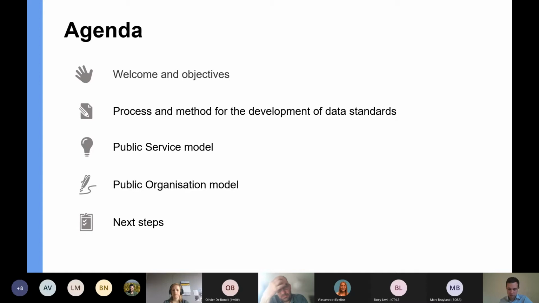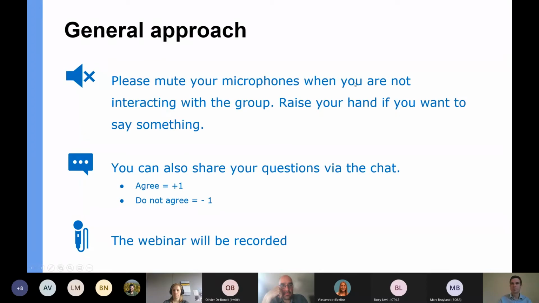The idea is to do that by using some illustrative examples that will help all of us to grasp what we mean with those elements, and how they are connected with each other. Are we missing anything? That's where all of you will be really needed to get that kind of information. And then, as last time, we will finish with a wrap-up and next steps. And with no further ado, let's dive into it.